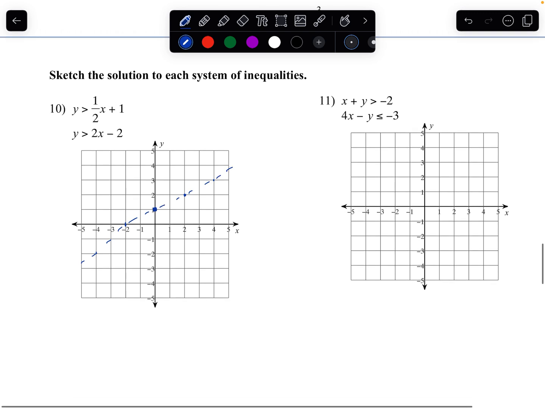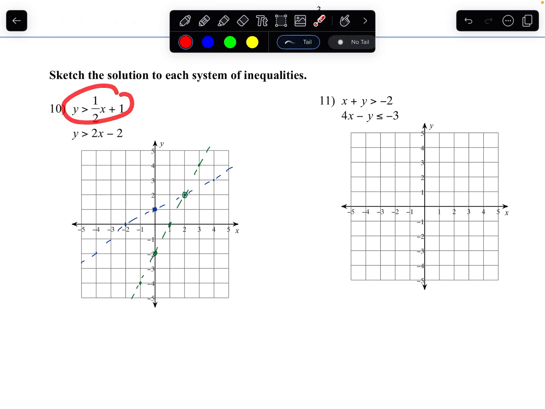Not the greatest, but I guess it works. Okay, and then the other equation has a y-intercept of -2, and it has a slope of 2. And this is also going to be dashed, like that.